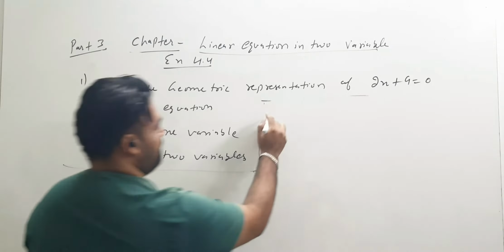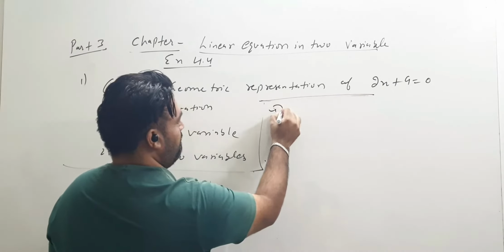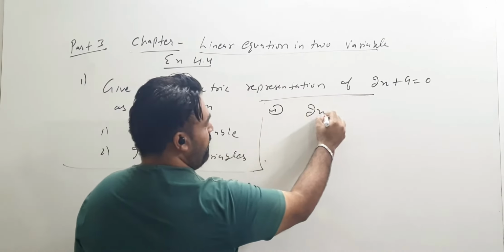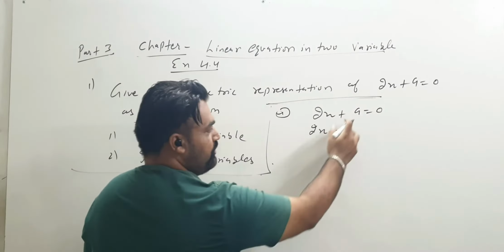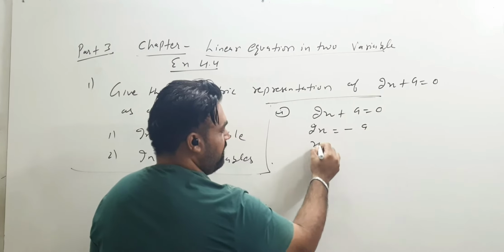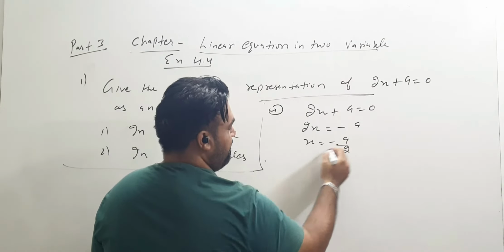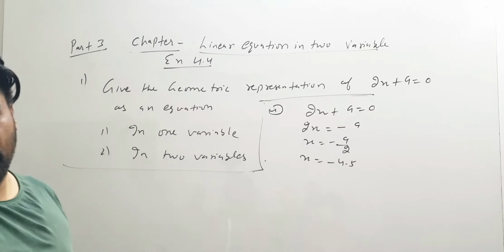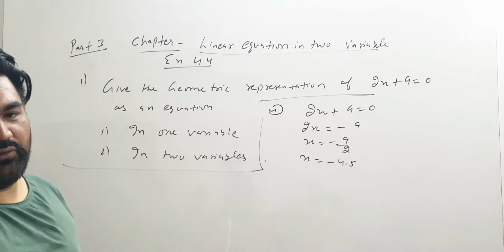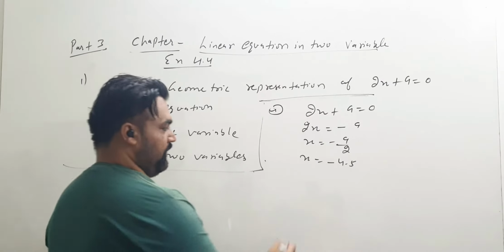Again, first of all, in one variable, that is 2x plus 9 equals to 0. 2x equals to, shift this 9 to this side, x equals to minus 9 by 2, x equals to minus 4.5. So we just find the value of x, that is minus 4.5.